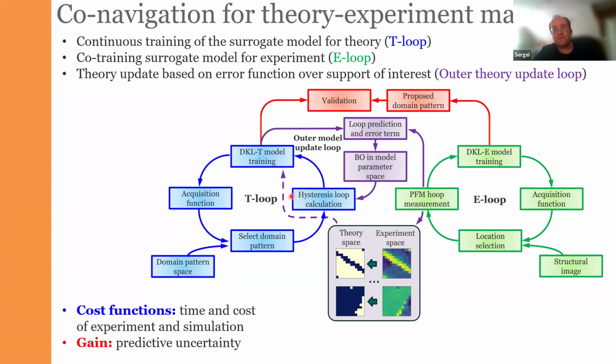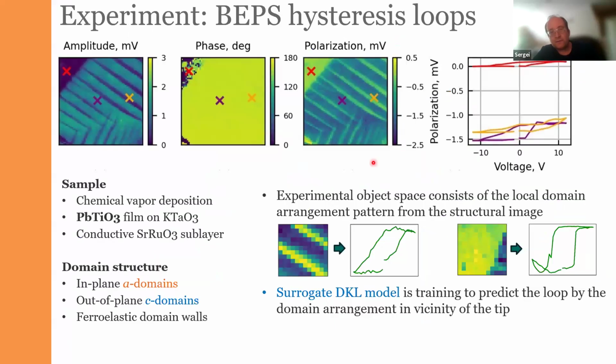This is a fairly complex scheme because we have one learning process and a second learning process. In this case, we say that we trust the experiment absolutely. We just want to update the theory based on the experiment, so we use a way to steer it. And interestingly enough, this approach works.